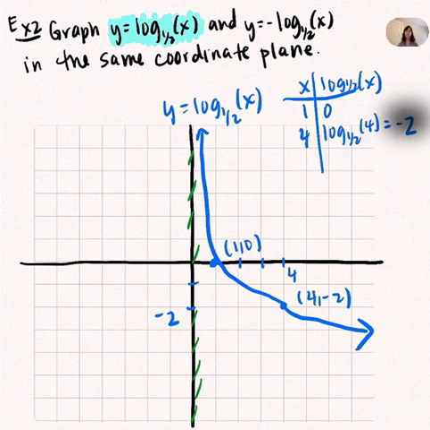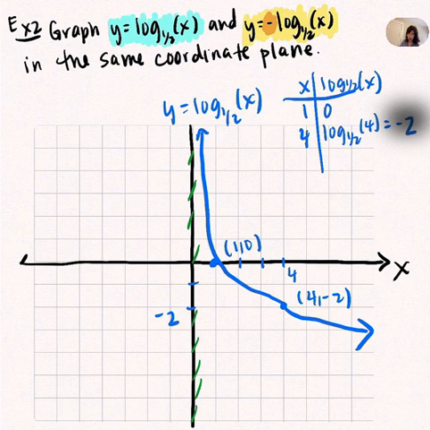Now I can actually use this graph to get negative log base 1/2 of x. So if I want to figure out now what is the graph of negative log base 1/2 of x, remember, putting a negative sign in front of a function like this reflects it over the x-axis. So this is going to reflect it over this x-axis here.